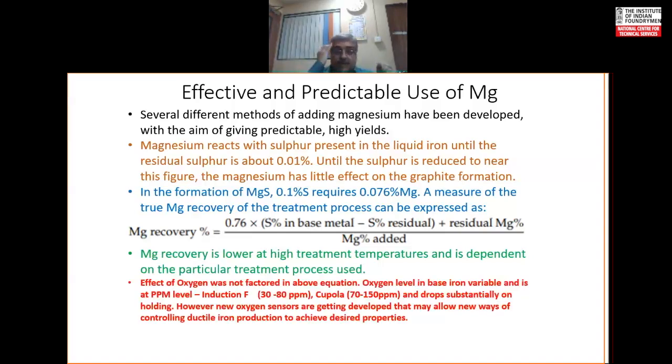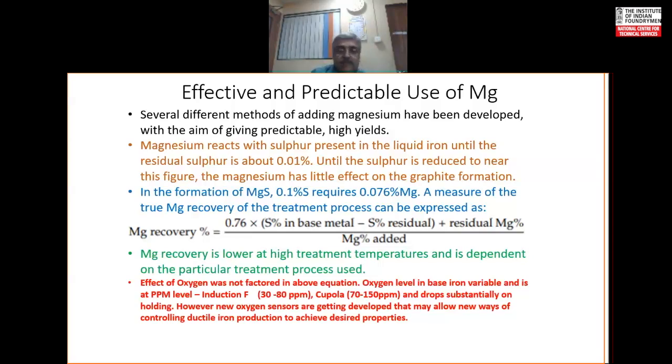One question which was asked to me by one of my friends was, what about the effect of oxygen? The oxygen in iron is variable. It keeps on changing. For example, in induction furnaces, research papers have found 30 to 80 ppm, and in cupola 70 to 150 ppm as it comes out.